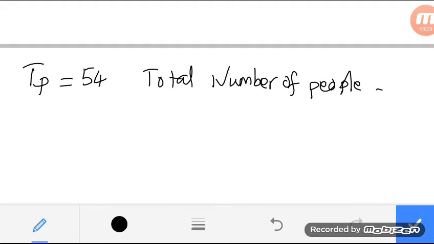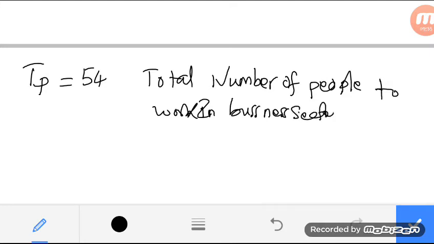54 people will work in the business sector. So the total number of people to work in the business sector is 54. These are business guys. Then 36 people will work in the industry sector.